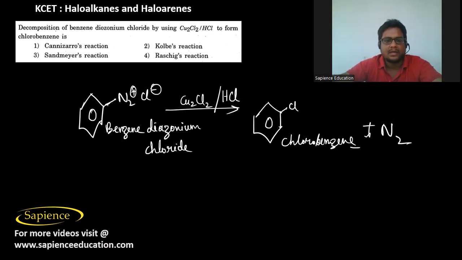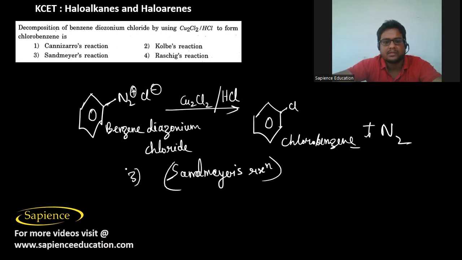This kind of reaction, when the N2 is removed to form chlorobenzene from benzene diazonium chloride by using Cu2Cl2 and HCl, is called Sandmeyer's reaction. So option 3 is the correct answer.